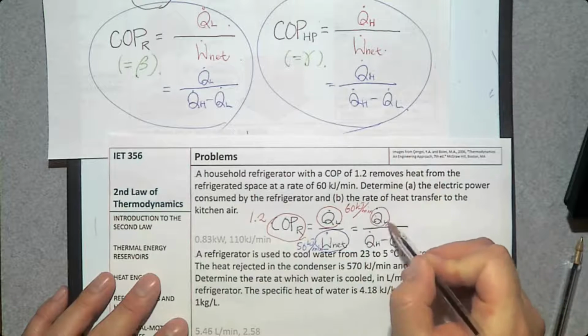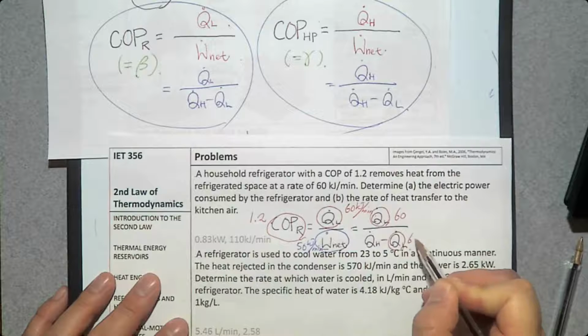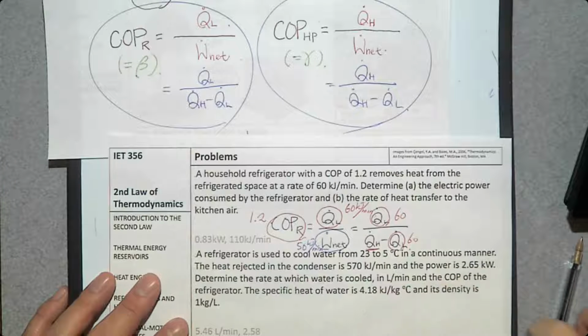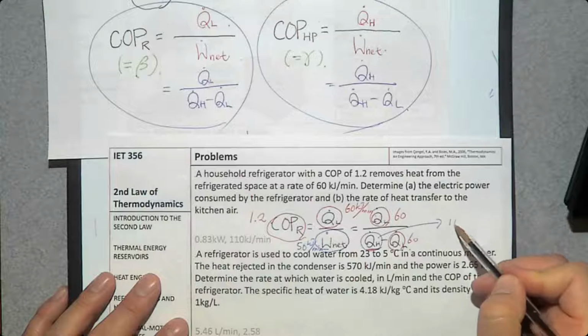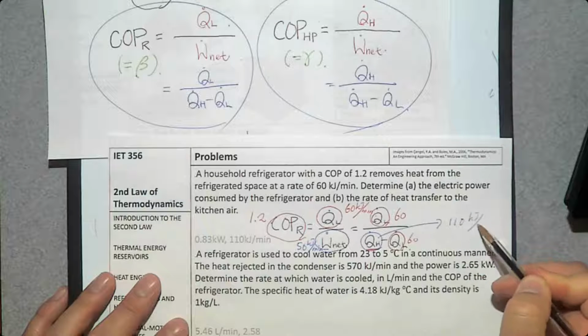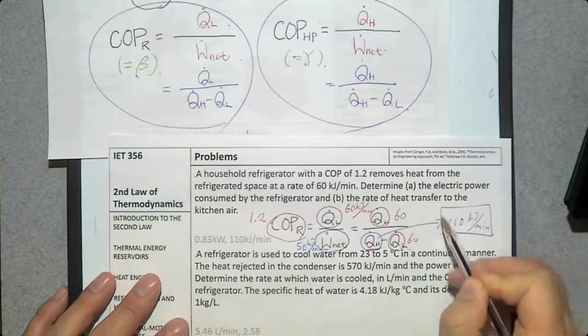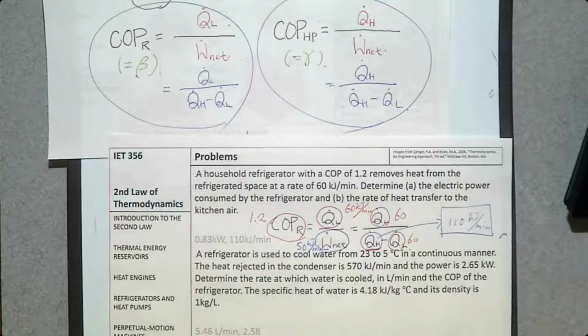This one is 60, this one is 60. So what is Q dot H? Super easy, isn't it? 110 kilojoule per minute. So that's how you solve this problem. Any question? That's very easy.